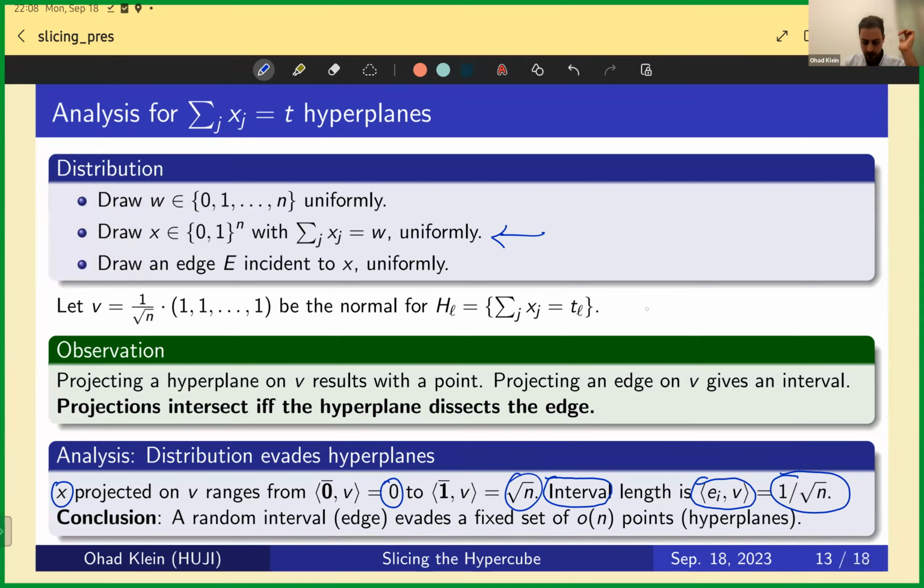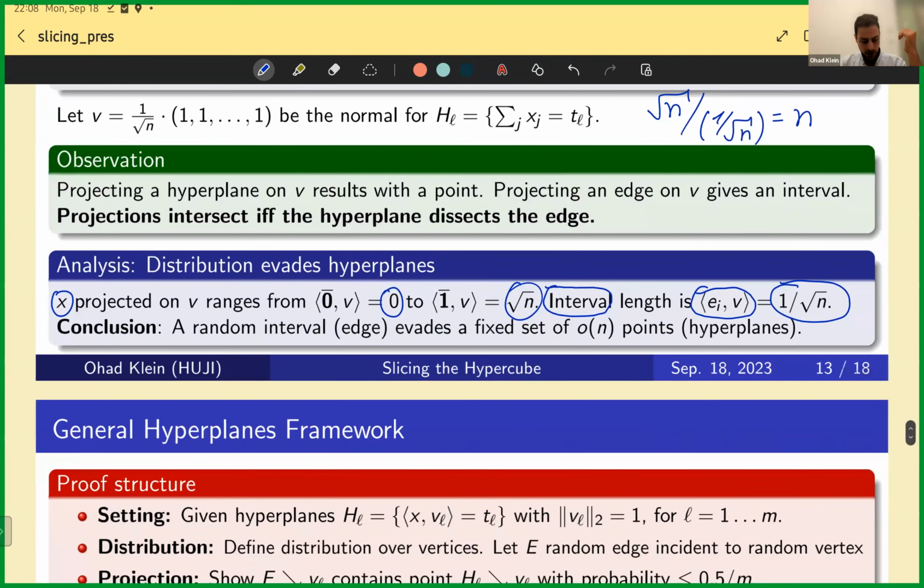We need a number of points at least about square root of n, the size of the range, divided by the length of the interval. So we need about n points that correspond to hyperplanes to capture such a random interval.